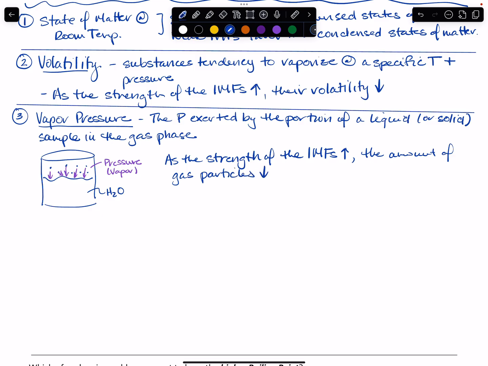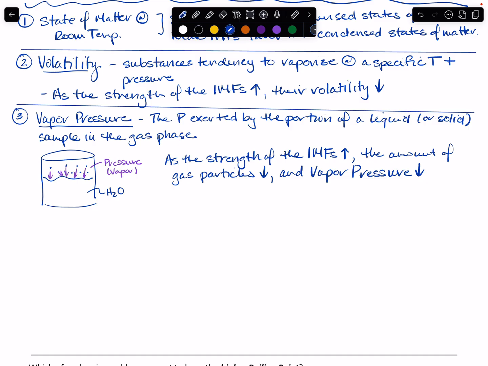So that makes sense. As the strength of the intermolecular force goes up, everything becomes more condensed. You have fewer particles that are able to overcome that force of attraction and escape into the gas phase. If you have fewer gas particles, then you have less vapor. And if you have less vapor, you will have less vapor pressure. So as the strength goes up, the vapor pressure goes down.